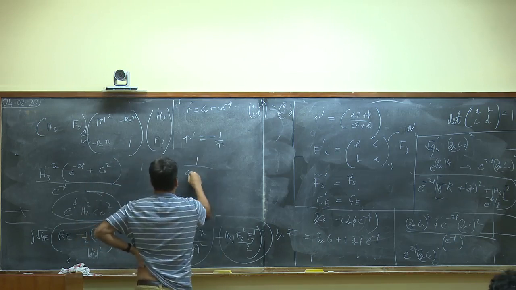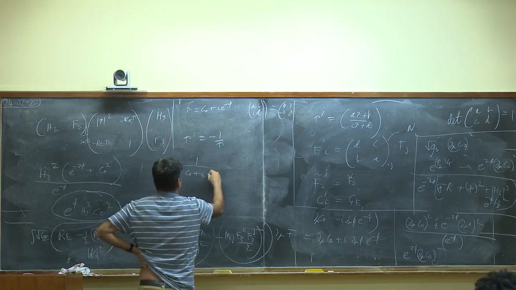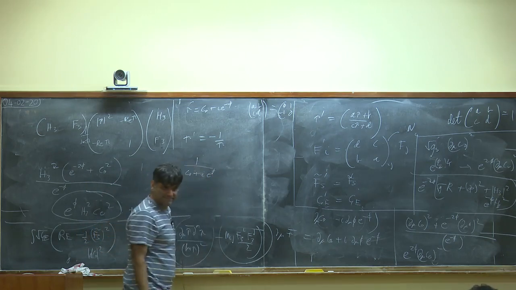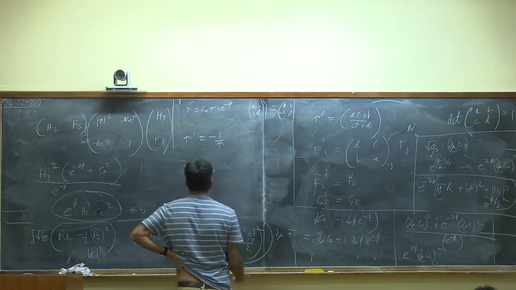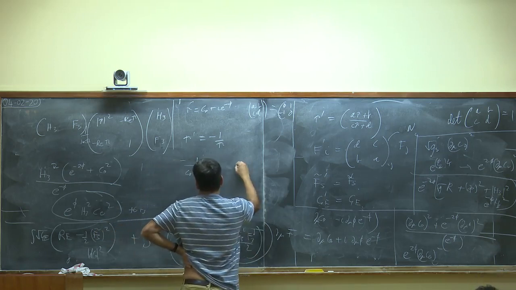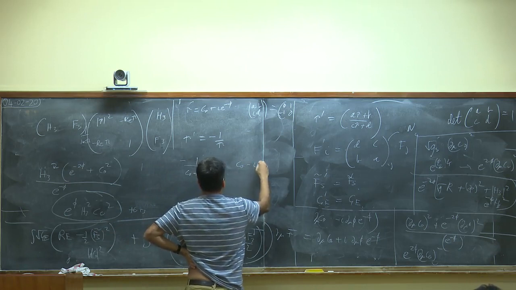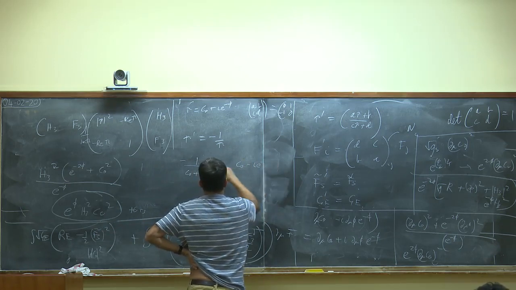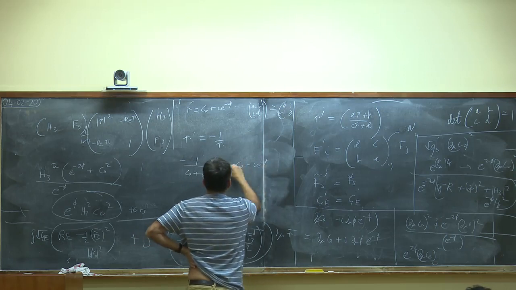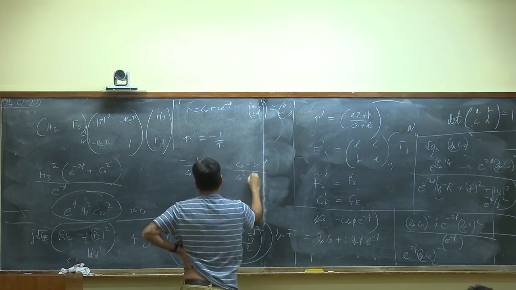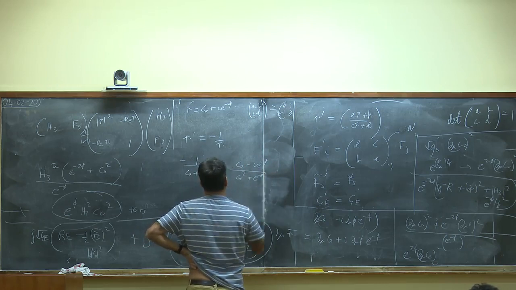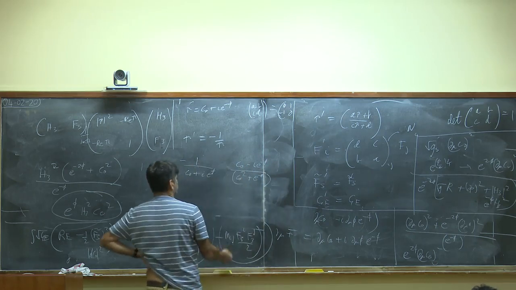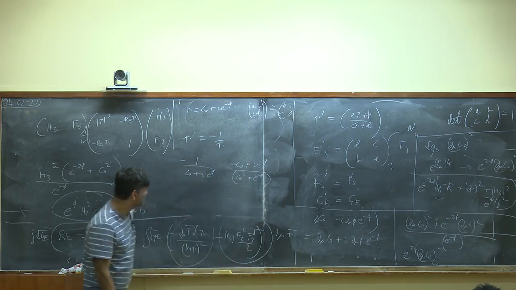That's 1 by C0 plus I e to the power phi, with a minus sign. So that is the same as C0 minus I e to the power minus phi, over C0 squared plus e to the power minus 2 phi, with a minus sign, so plus and minus. So this is the new tau.